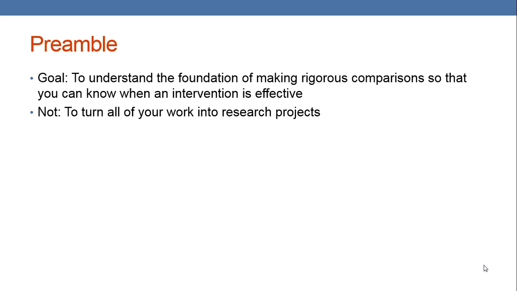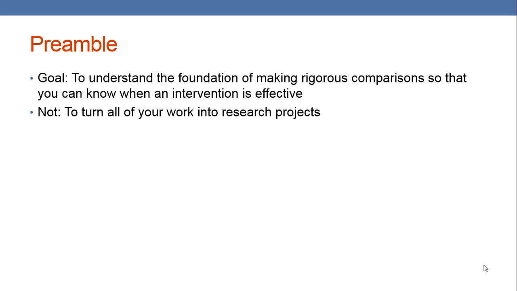And I think researchers just do an excellent job at thinking about comparisons very explicitly, and so we can learn a lot about how to be good comparers by just hearing how they do it. And I think that there's a lot in how researchers think about making comparisons that can be really quite helpful to operational leads and managers.